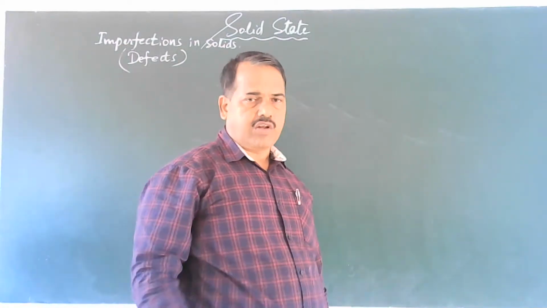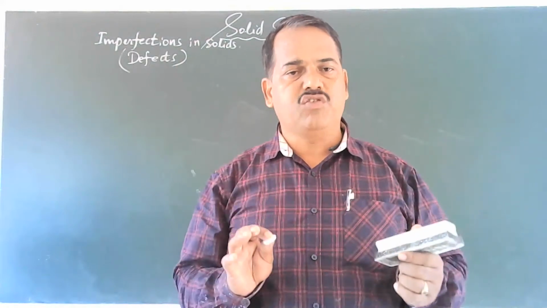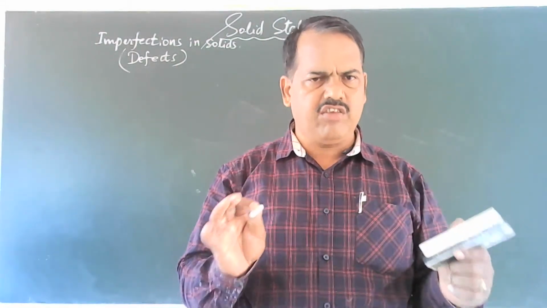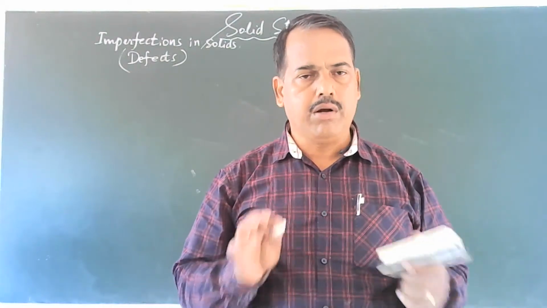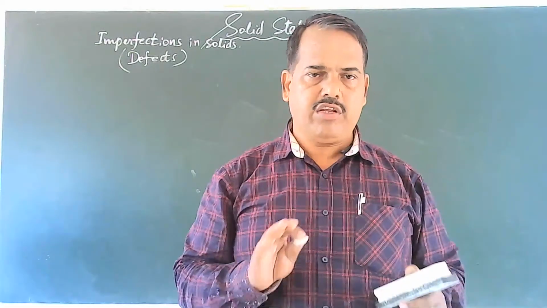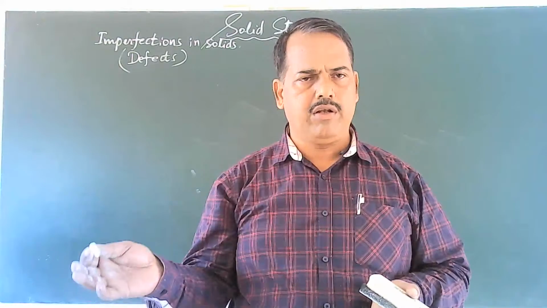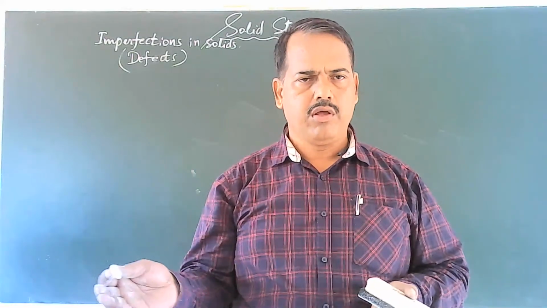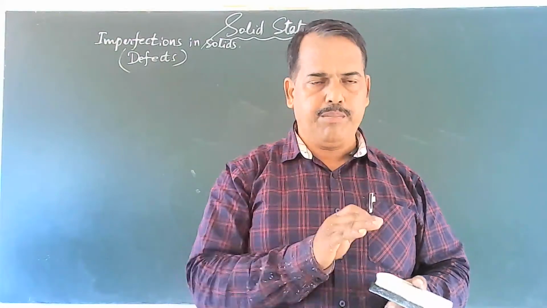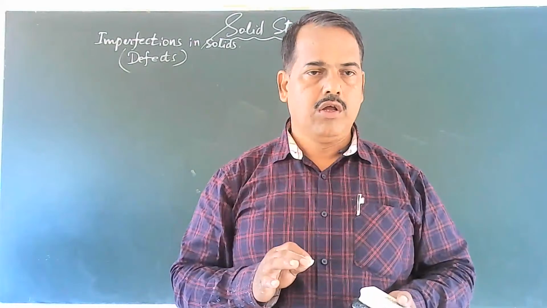See, during the crystallization to form a solid, there must be some impurity, in trace quantity, very less quantity, but it affects the solid. During crystallization, that is the formation of solid, some of the impurities, it may be another element, it may be another substance, interfere in the lattice of the solid, and that particular phenomenon is called imperfections in solids.